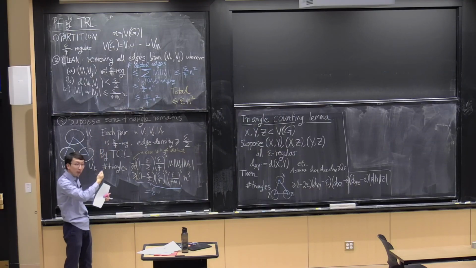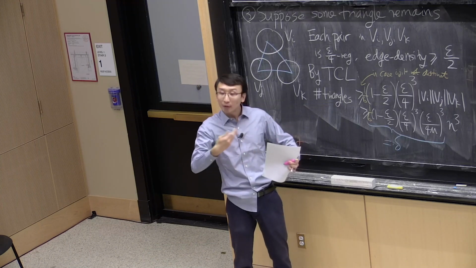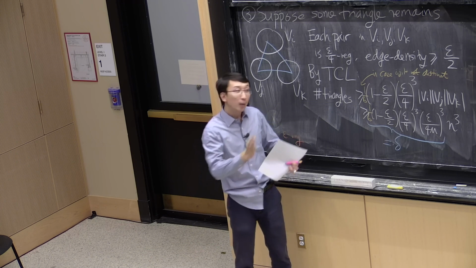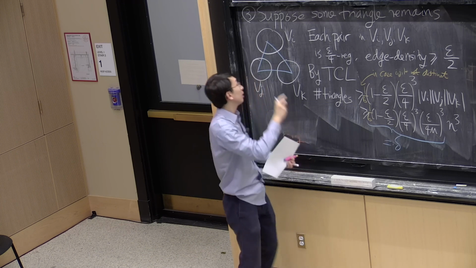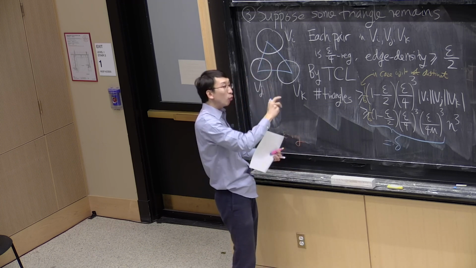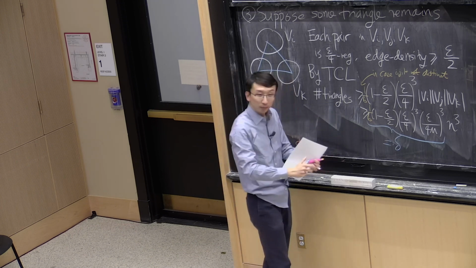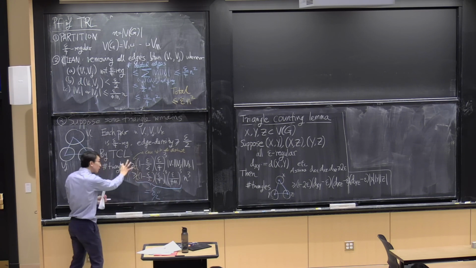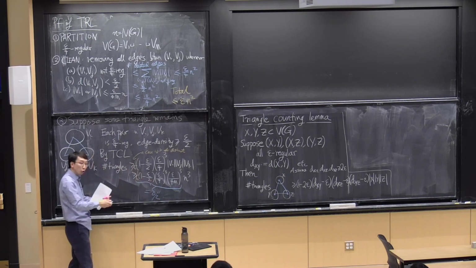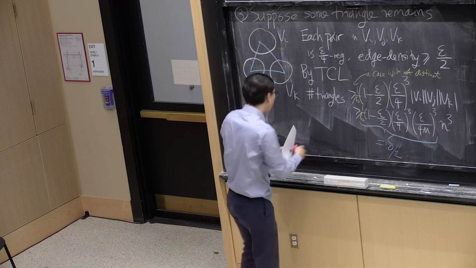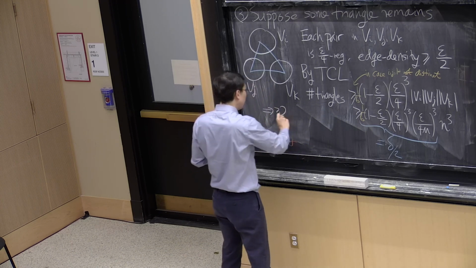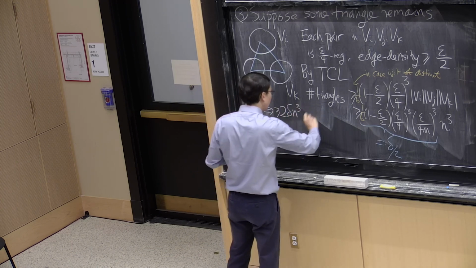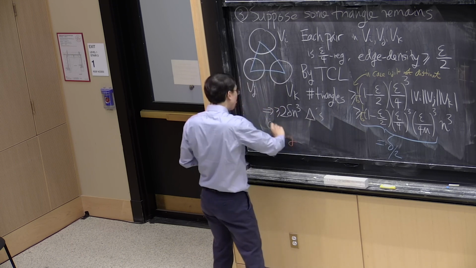I've gotten rid of fewer than epsilon n squared edges, and the remaining graph should be triangle free. Because if it were not triangle free, then I can find some triangle, and that will lead to a lot more triangles. So for example, if you set this as delta over 2, then this would give you 2 delta n cubed triangles. Therefore, that would contradict the hypothesis.